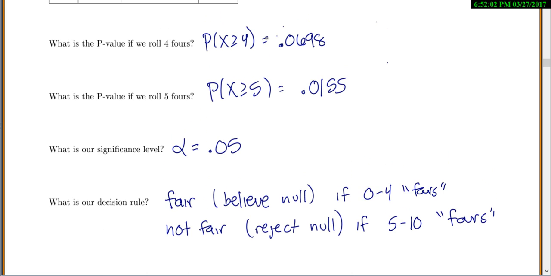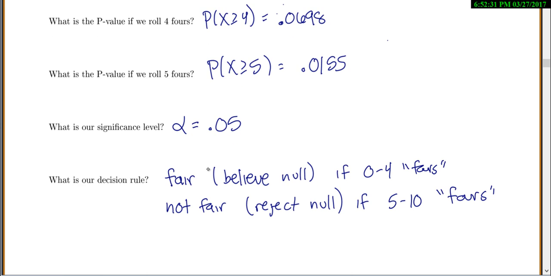Now, what do you notice here? At 4, which is the end of our decision rule, we had a p-value of 0.0698. How does that compare to alpha? Bigger or smaller? It is bigger. Now at 5, which is the first number that we reject for, my p-value is suddenly less than alpha.